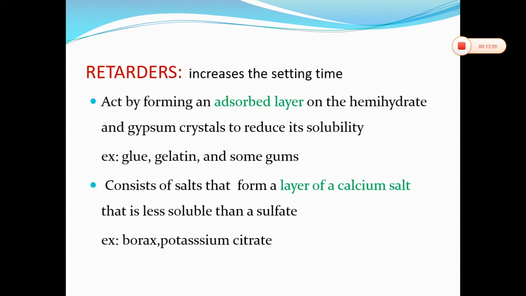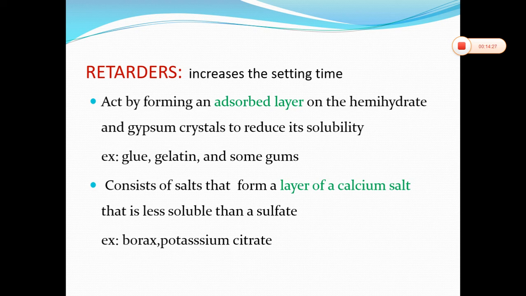Retarders increase the setting time. Accelerators decrease the setting time. Retarders increase the setting time. Retarders act by forming a layer on the hemihydrate. See here, retarders form a layer on the hemihydrate particle so that its dissolution, its solubility, will be decreased, and the gypsum crystal's solubility is reduced. For example, glue, gelatin and some gums can be added, or some salts which form a layer of calcium salt, which also lessens the solubility.